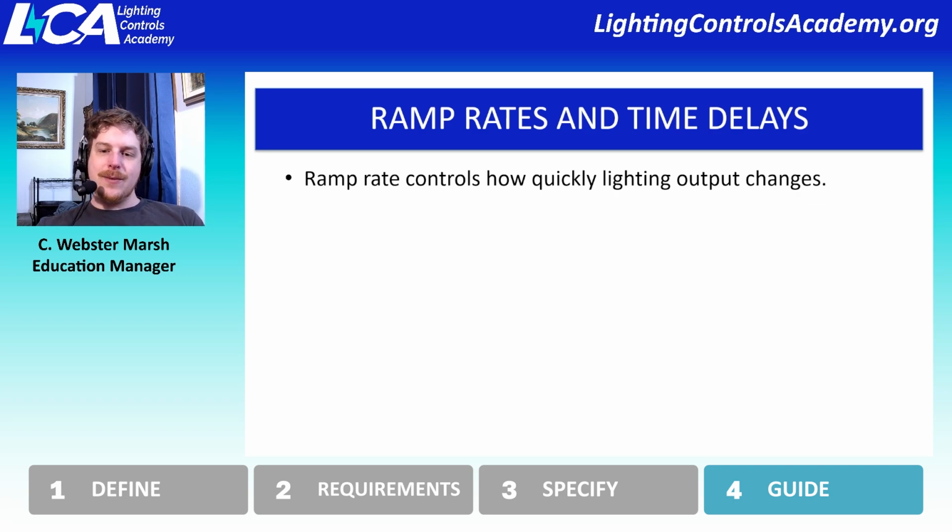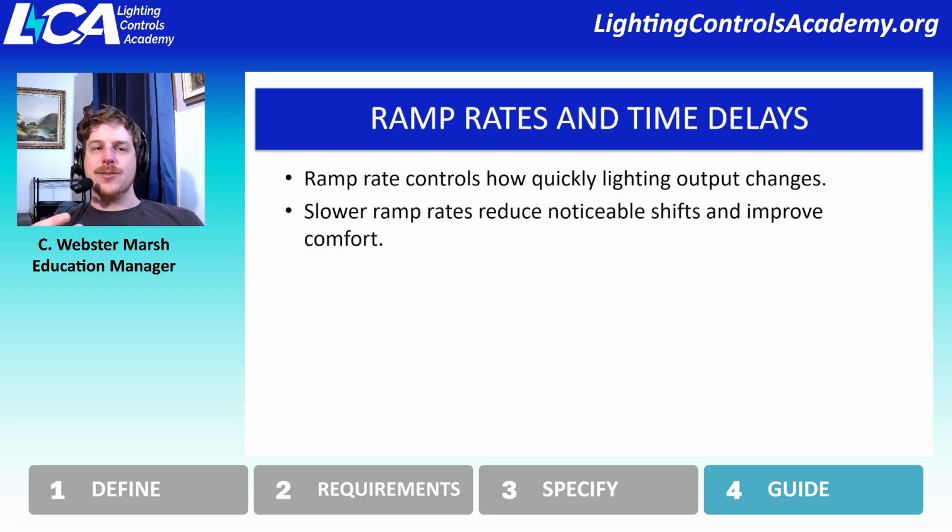And so when the light decreases past 3-foot candles, past our deadband, the change in the brightness of the fixture from off to full could happen instantly, like an on-off switch, or it could happen very slowly. And when it happens very slowly, that's a very slow ramp rate. And slow ramp rates are much less noticeable than really fast ramp rates.